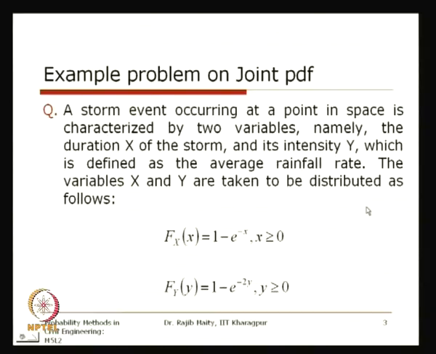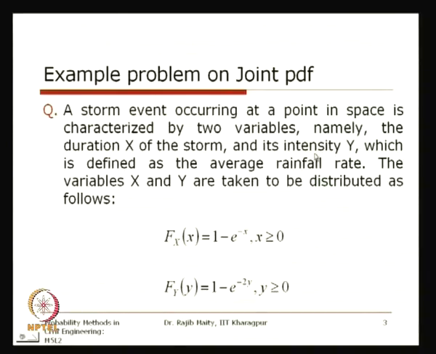Several such storm events are taken, and their duration is obtained separately, and it is found that it follows a cumulative distribution of 1 minus e power minus x, which you know is an exponential distribution, with the lambda value equal to 1 here.